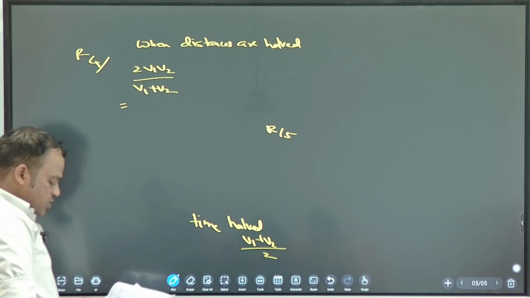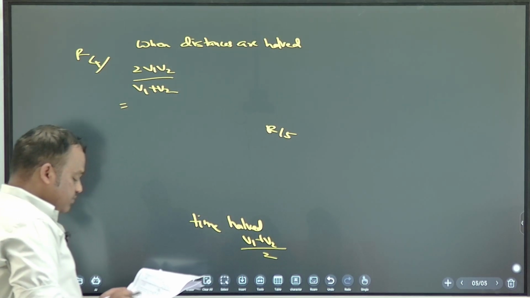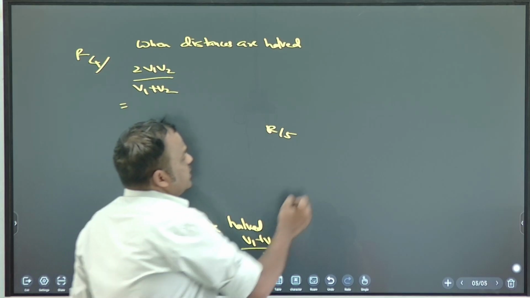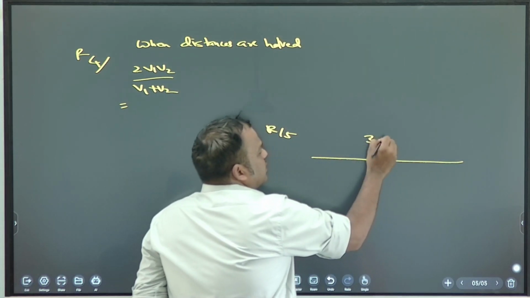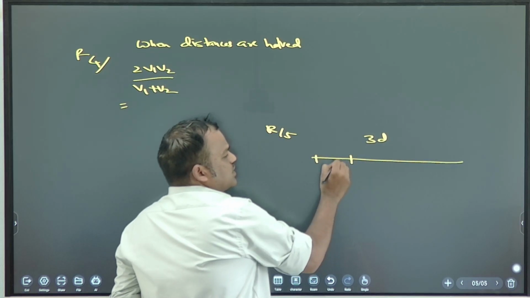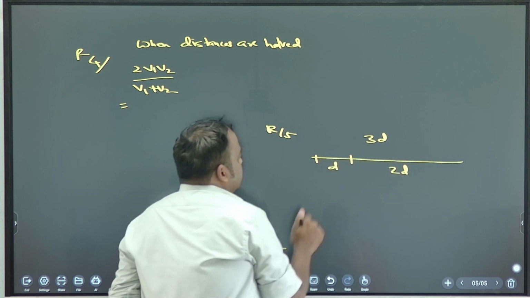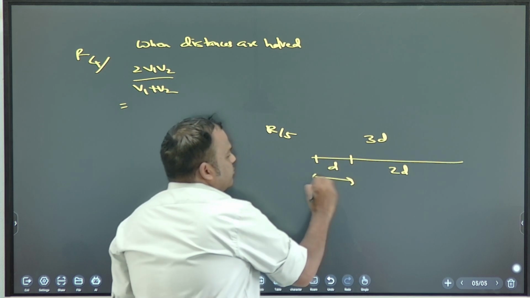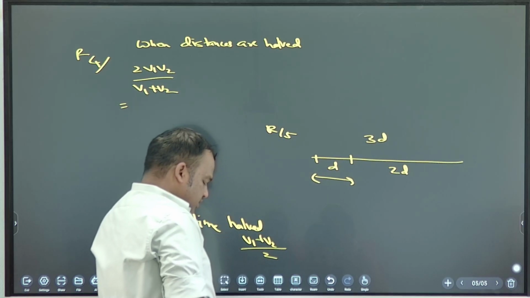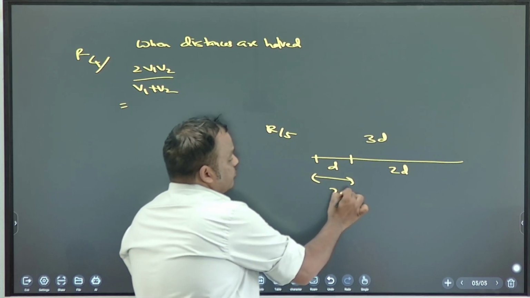Now fifth, R5. One car moving on a straight road covers one third distance with 20, rest with 60. One third distance, suppose total distance 3D. So what is one third distance? D. Next, the remaining distance will be 2D, right? D and 2D. So during one third, what is the speed? 20.